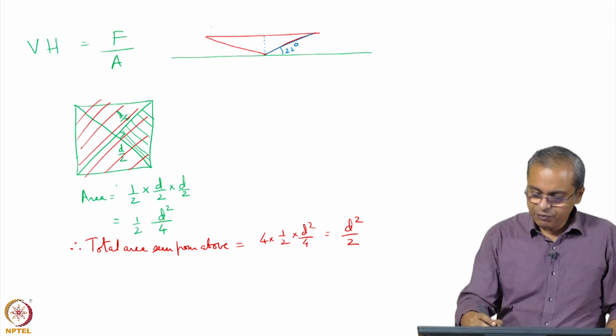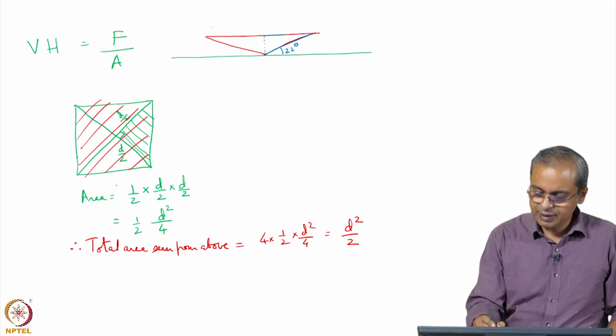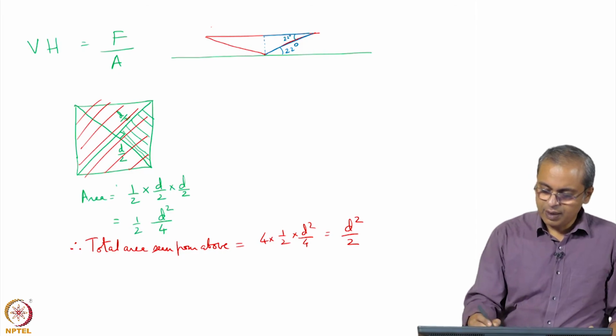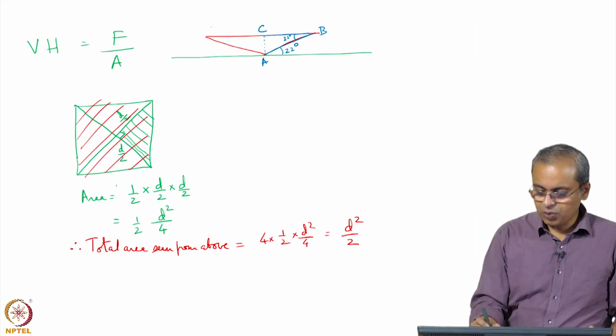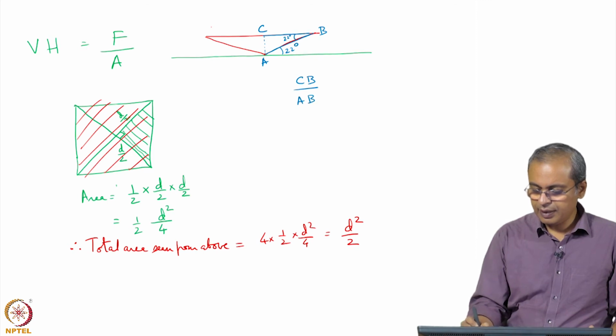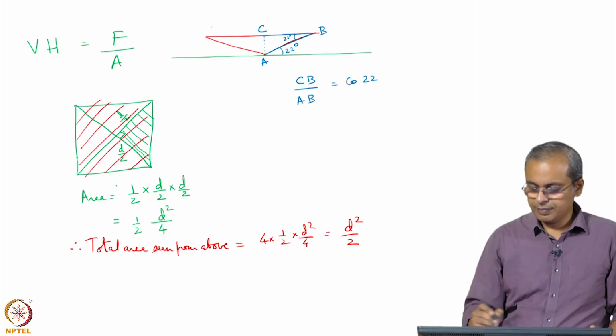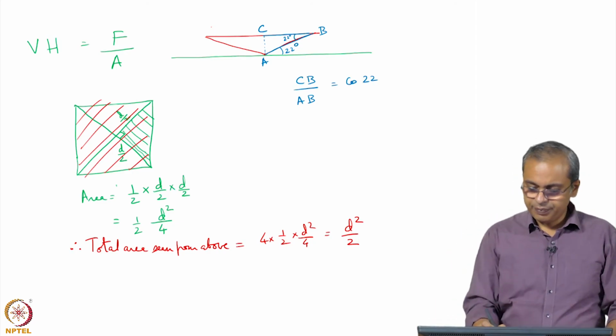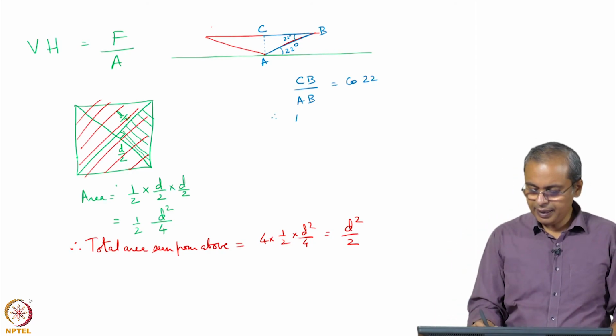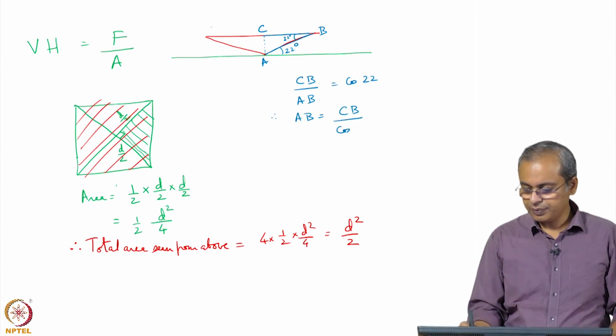So, if you look at this line here and this line here, this angle is also 22 degrees. So, let me say this is A, this is B and this is C. So, CB by AB is equal to cos 22, right. Therefore, AB equals CB by cos 22.